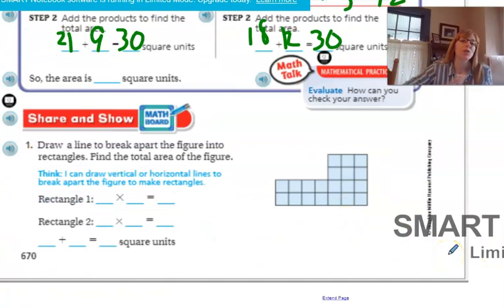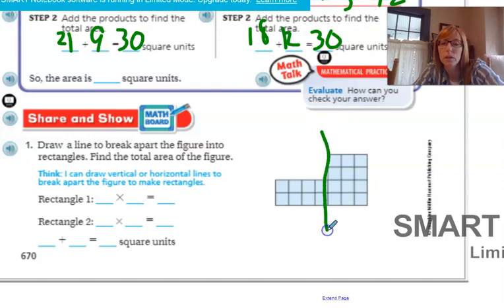All right, draw a line to break apart the figure into rectangles. So look at it and figure out how you want to break it apart, if you're going to go horizontally or if you're going to go vertically. Okay, so I am going to go vertically, and I see 2 here, and I see 1, 2, 3, 4.